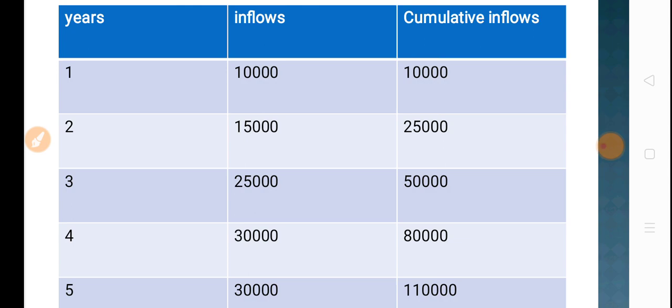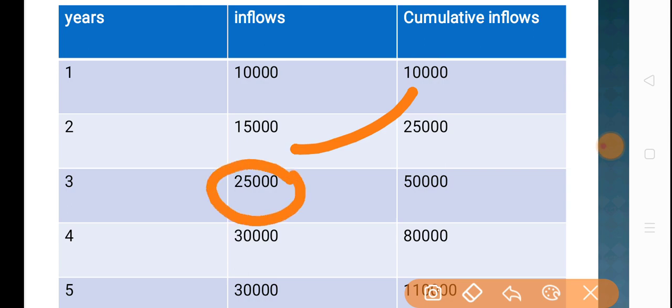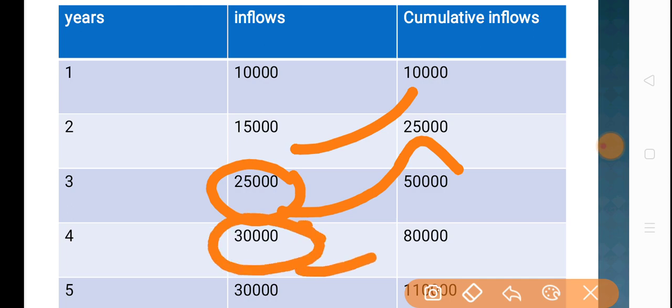Then in the second year, we are adding the current year inflow with the previous year inflows. Then in the next year, we have the current year 25,000, and we are adding the previous year's inflows. Like that here, 30,000, you can see the previous year inflows are 15,000.